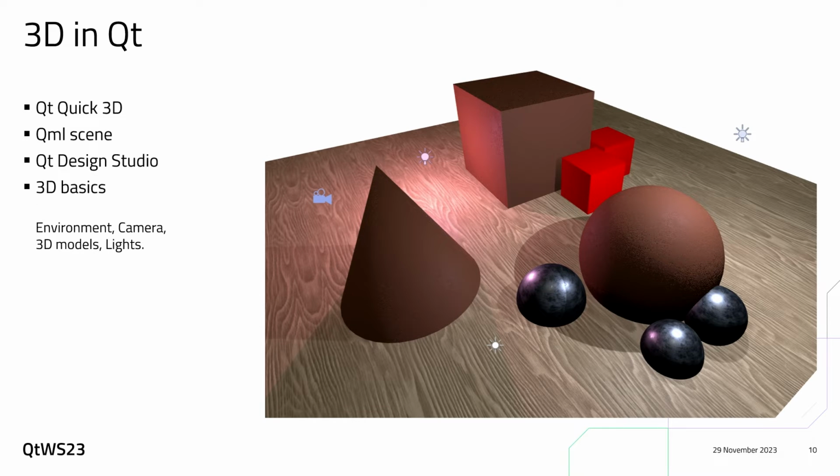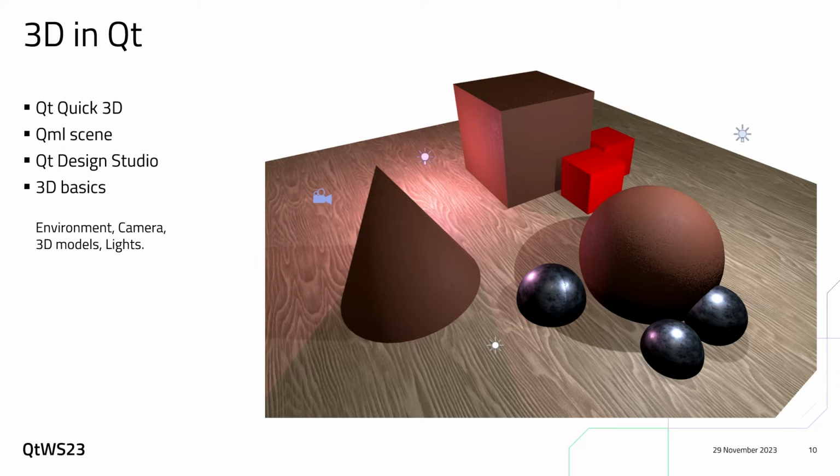Okay, so let's talk about the basics of 3D. First of all, we need to specify a 3D view and scene environment. So we have settings like background color or image-based lighting. We can choose anti-aliasing quality and so on in here.